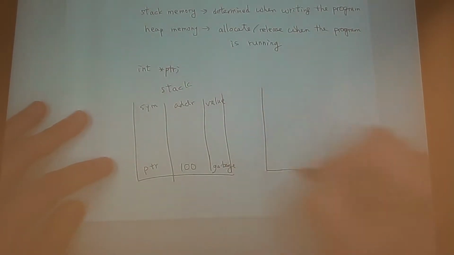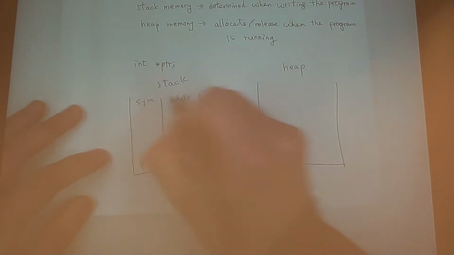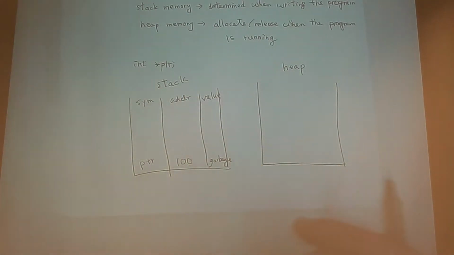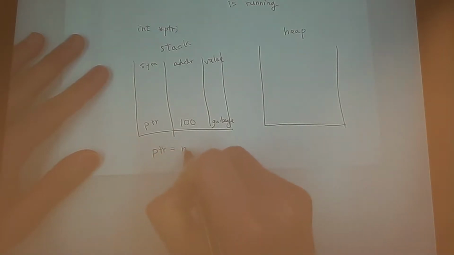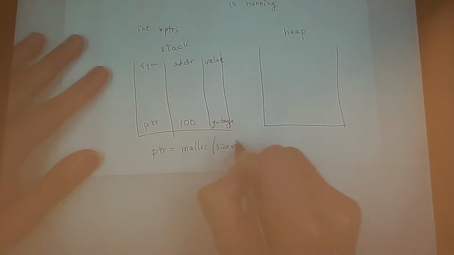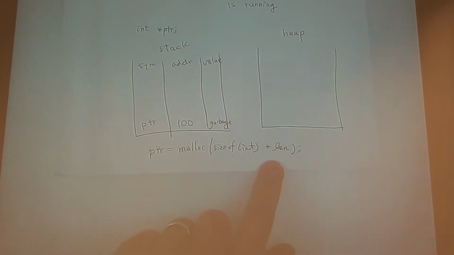And then you can allocate memory on heap where you say ptr equal to malloc. You determine how many you want to allocate. LEN is your length.